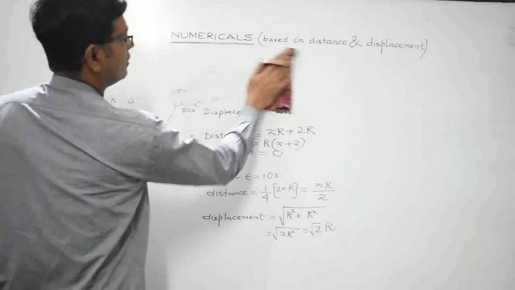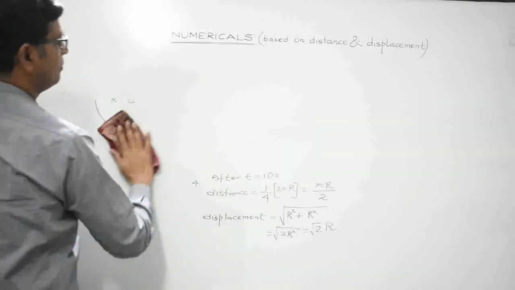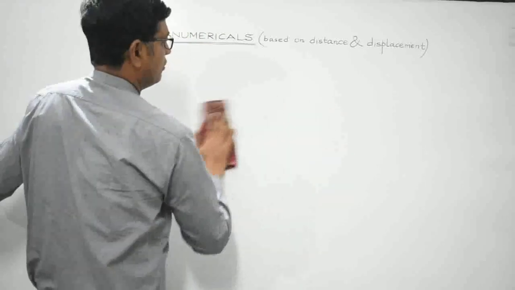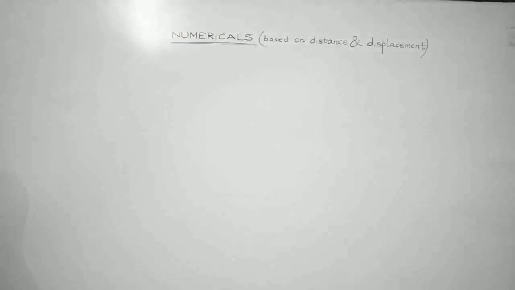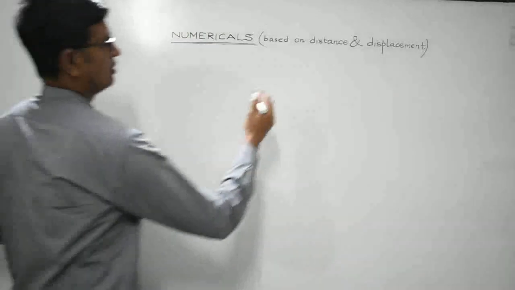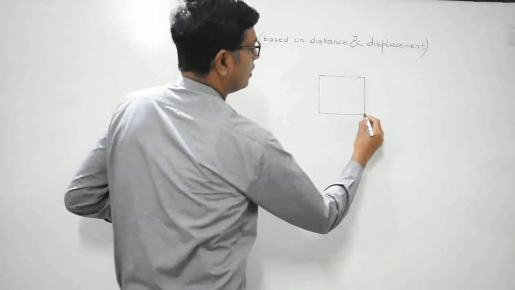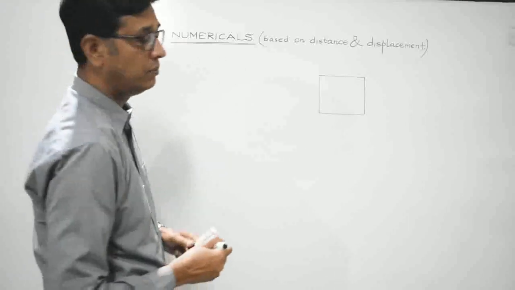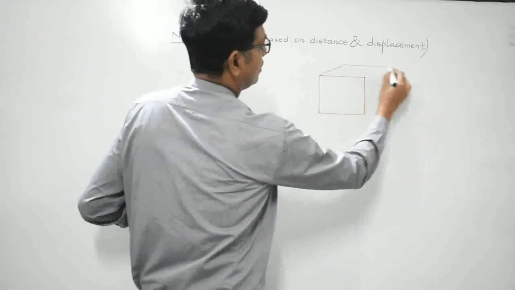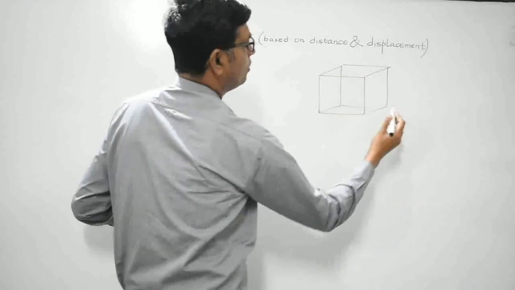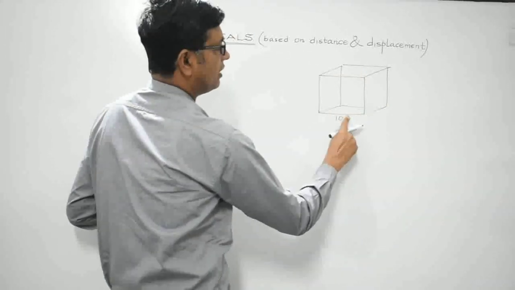Let's consider a cube, maybe of side 10 meter. This is a cube. Its side is given to be 10 meter. There is a room in the shape of a cube having side of 10 meter.